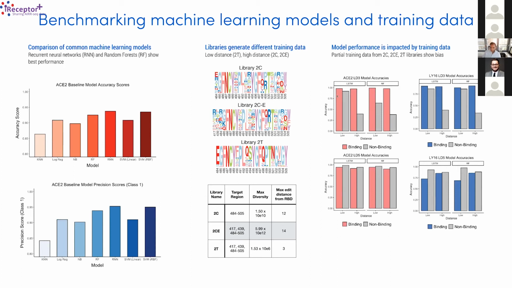So what I'm showing you is the LSTM, which is the RNN, and the RF, and the accuracy score. If you train the model on only the 2T library, with data that came from here, and you try to predict binding and non-binding for low distance variants, so these are variants that are 5 or less from the original wild type RBD, you can see it's actually really good.